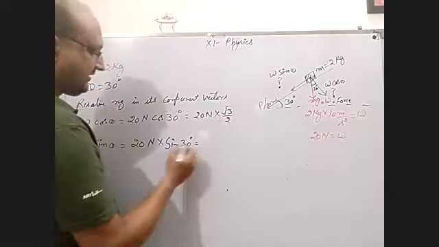One value is 10, another is 10 root 3, and you know the resultant of vectors can be calculated by this formula. A square is (10 root 3) square plus 10 square plus 2 into 10 root 3 into 10 into cos 90 degrees.